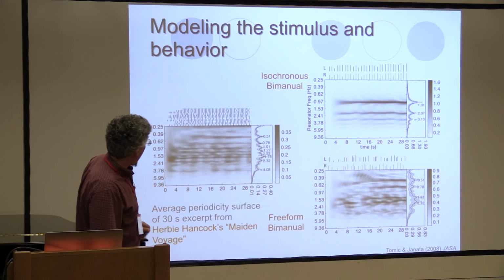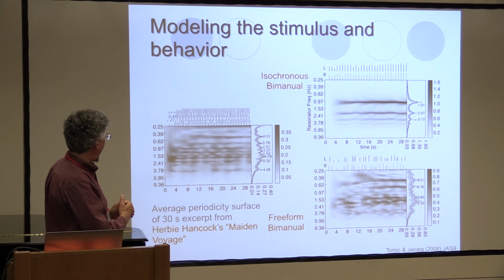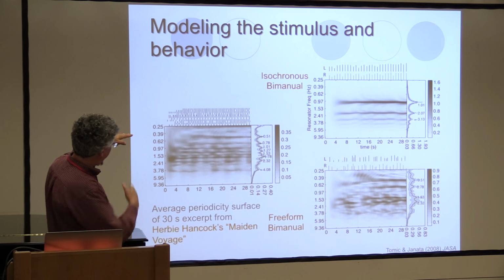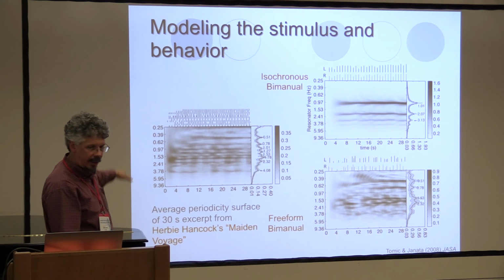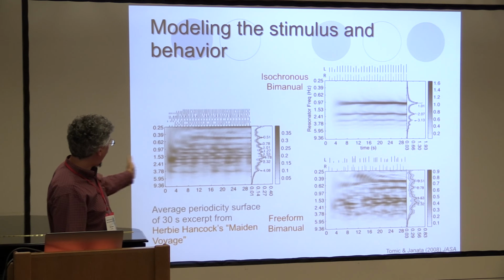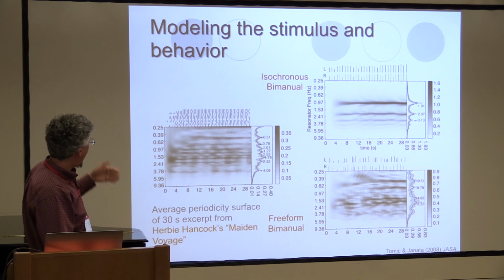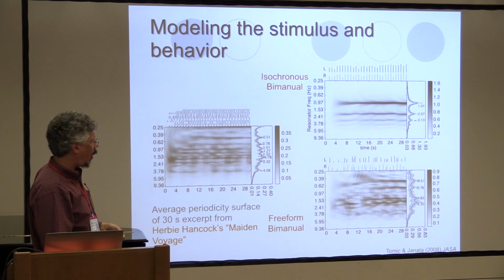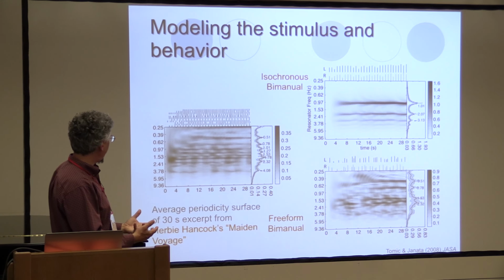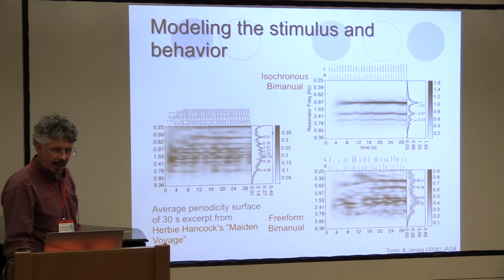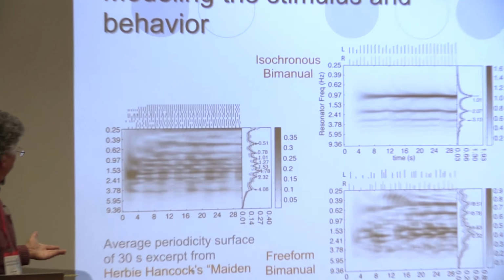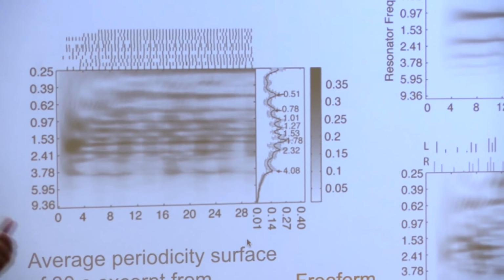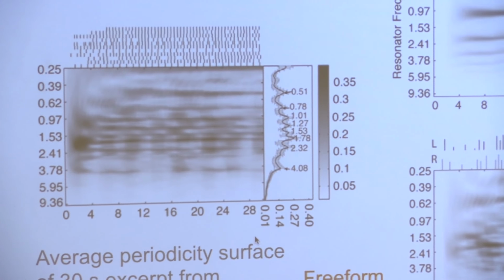On the left, you can basically read this as a spectrogram, so different frequencies or periodicities in the music are represented along the y-axis, time runs along the x-axis, and darker regions are where there's more energy in the stimulus. And then on the right-hand side here is the spectrum. So this is for Herbie Hancock's Maiden Voyage. This was one of the mid-groove examples.